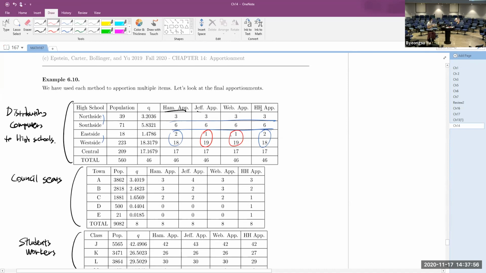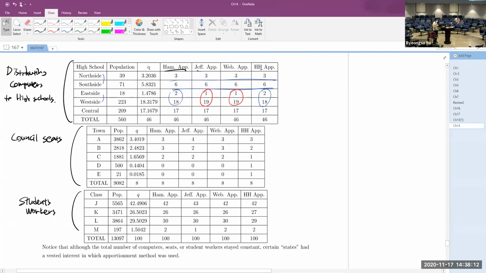So for the west side, Jefferson or Webster's method is much more advantageous for them. But for the east side, the Hamiltonian method or Hill-Huntington method will be an advantage for them, right?